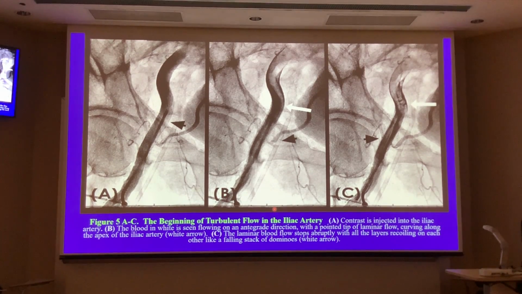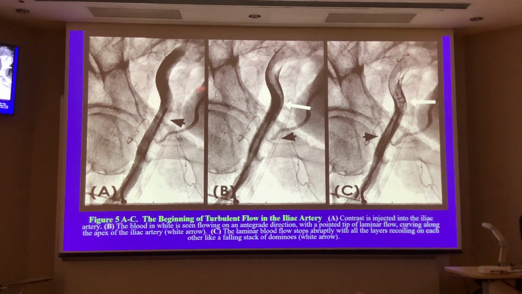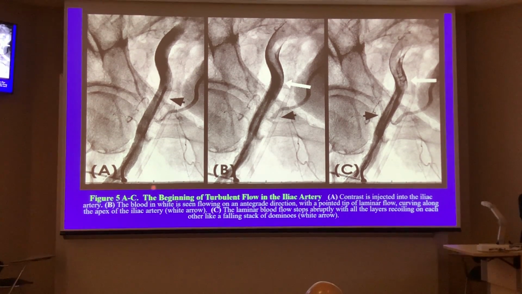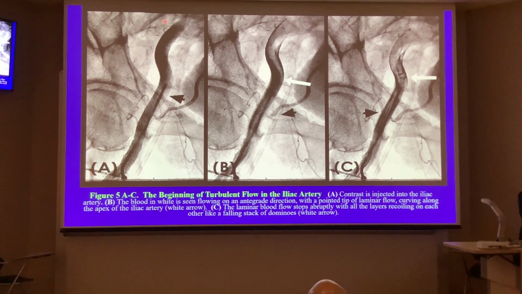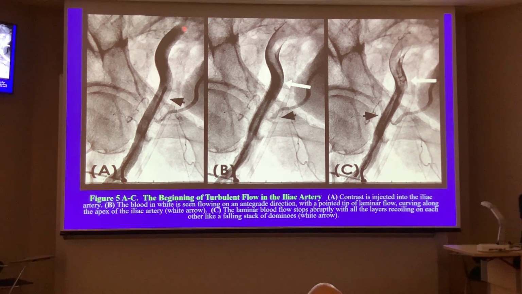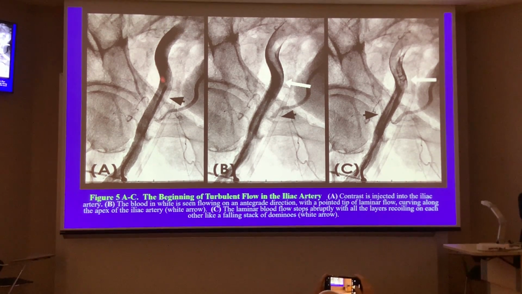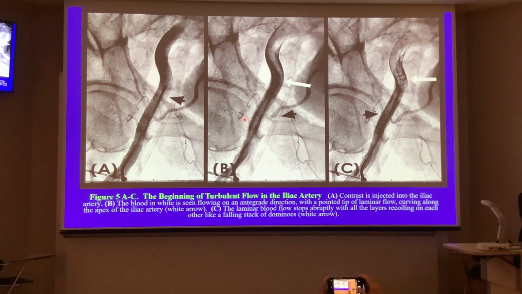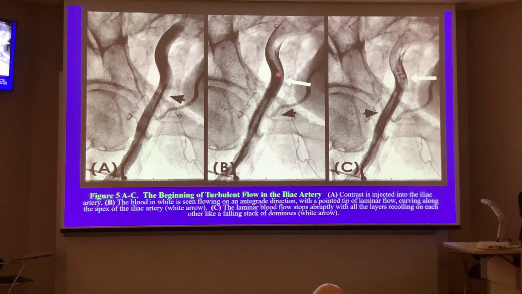And the next part will be the images of the iliac artery. For figures 5A and 5C, here is the beginning of the turbulent flow in the iliac artery. At the beginning, we injected the black contrast into the iliac artery. For figure B, the blood in white color, I just introduced it.